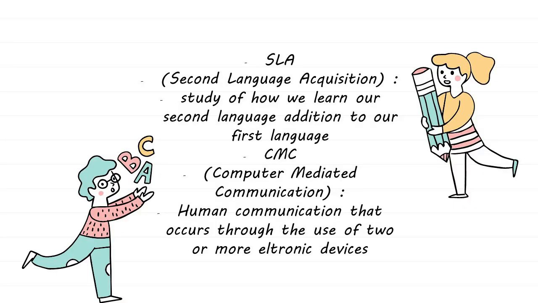Next, we have CMC, which stands for Computer Mediated Communication. It refers to human communication that occurs between two or more electronic devices. CMC has also been applied to other text-based interactions such as text messaging.